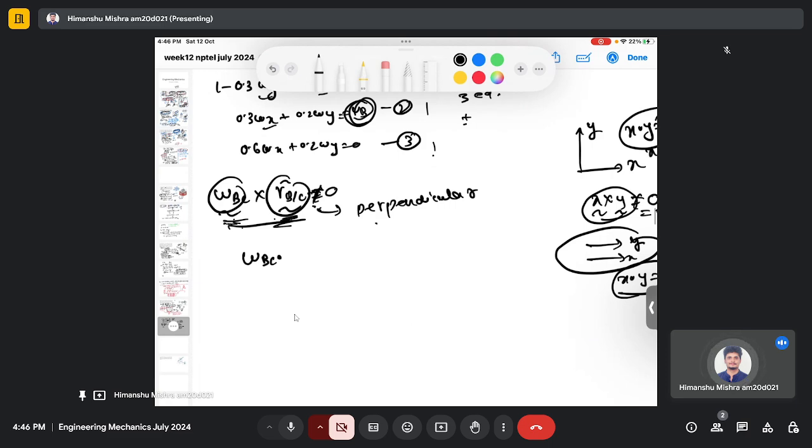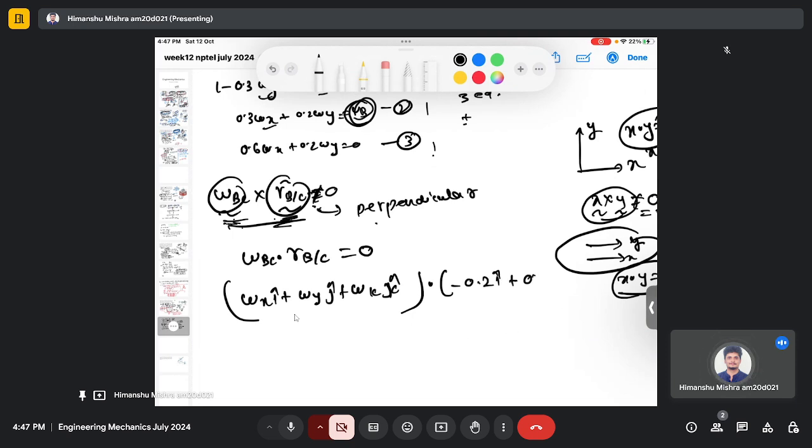Omega BC dot R B with respect to C is 0. So my omega BC is omega x i, omega y j, omega z k, dotted with R B with respect to C, which is minus 0.2i plus 0.6j plus 0.3k, equal to 0.